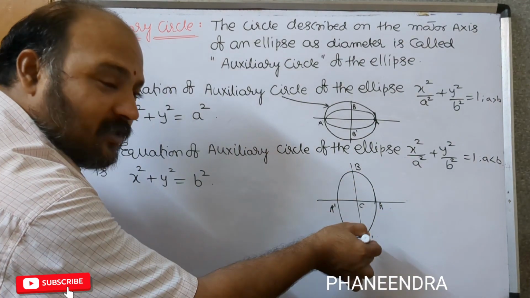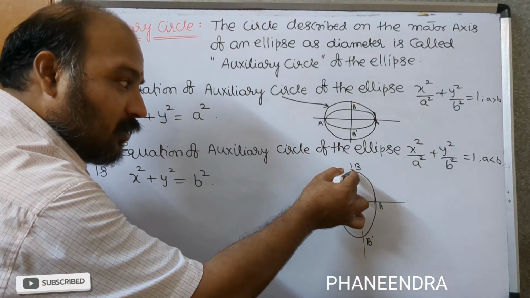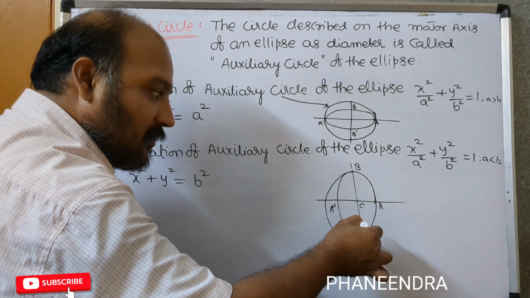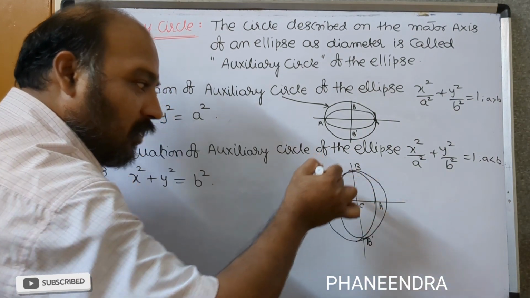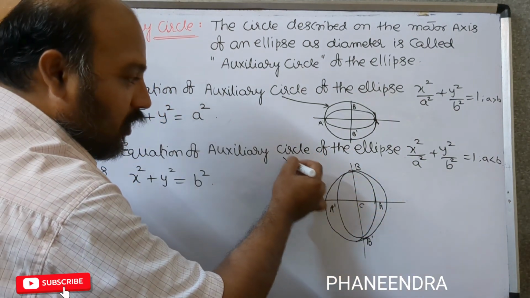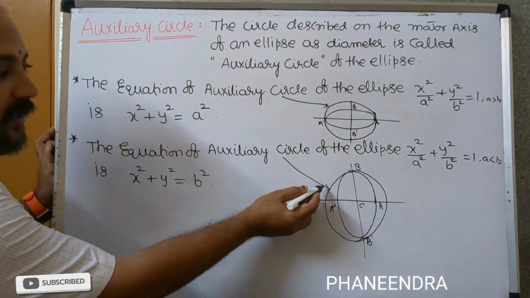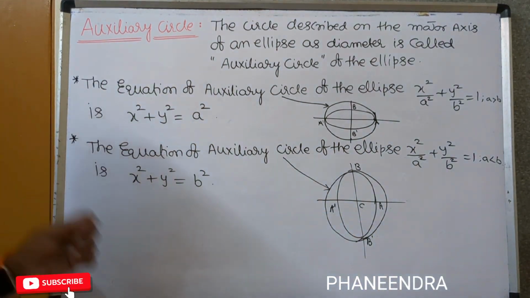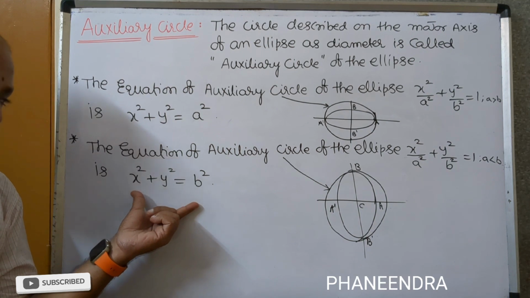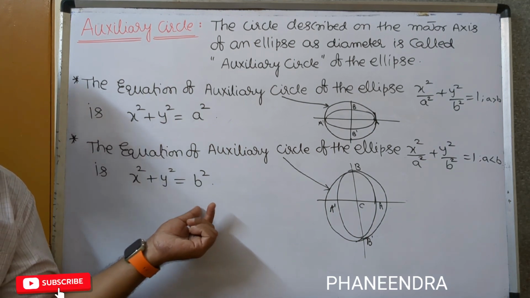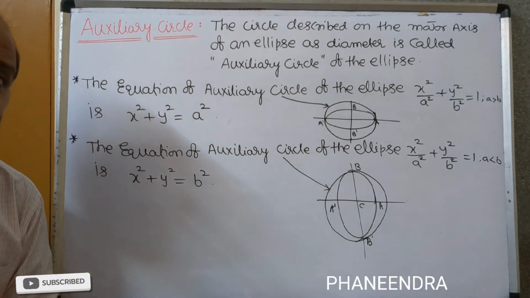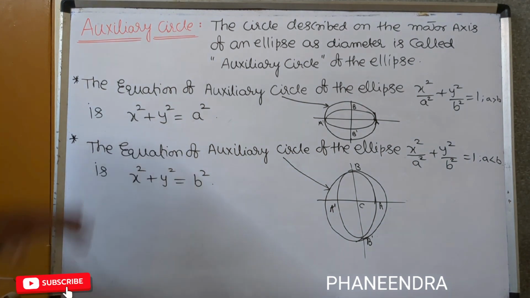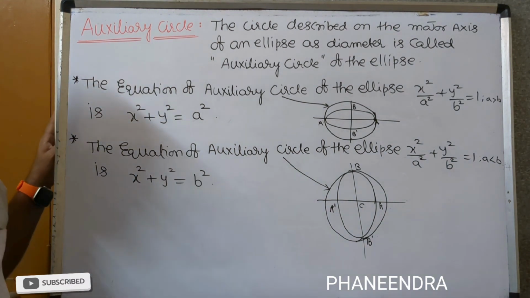Major axis means b dash now, when a is less than b. So the figure will come like this. So this circle is called the auxiliary circle when a is less than b. That time the auxiliary circle equation is x square plus y square equal to b square. So this is about the auxiliary circle, dear students.